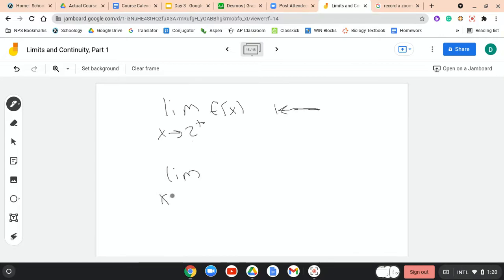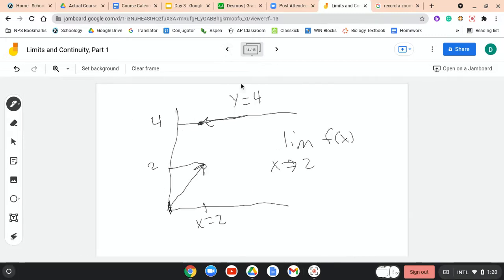Similarly, we do the same thing with a minus sign on the top to indicate the left-hand limit. And this number will tell us what value the function is approaching from the left-hand side, or the more negative side. So we go back to this one. If I ask you to tell me the limit as x approaches 2 of this function, but I put the minus sign up top, that would be asking us to find the limit as x approaches 2 from the left of this function.